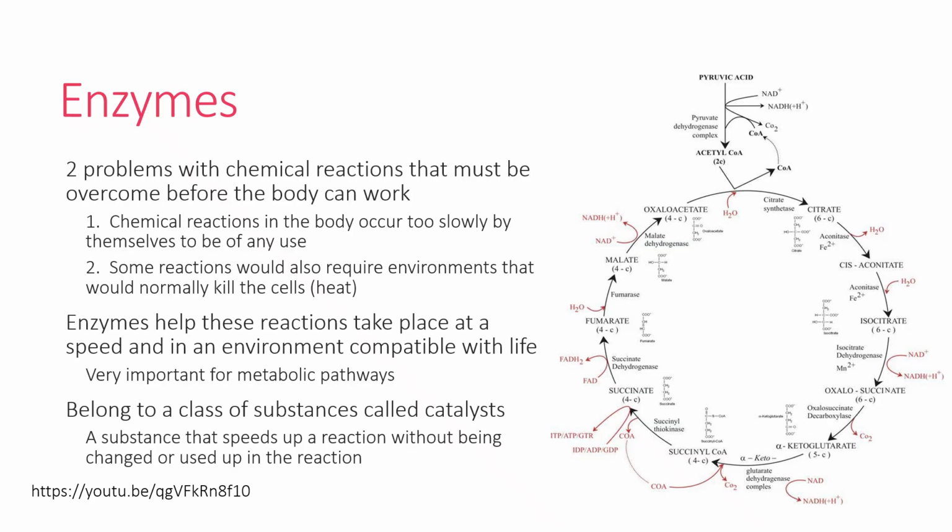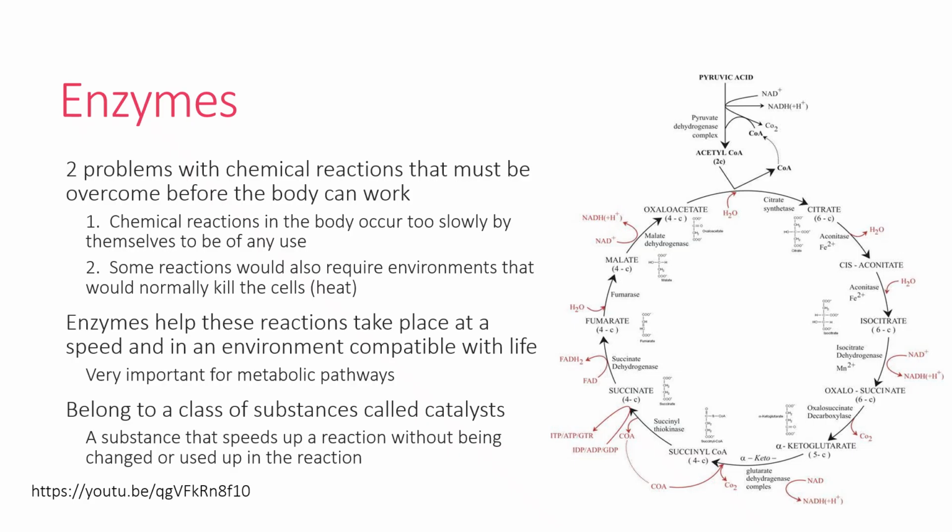Most enzymes will function right around body temperature, 98.6. That is the ideal temperature for these enzymes to work at. These enzymes are going to take all these chemical reactions that we need to do, and they're going to lower the energy that it takes to do them.